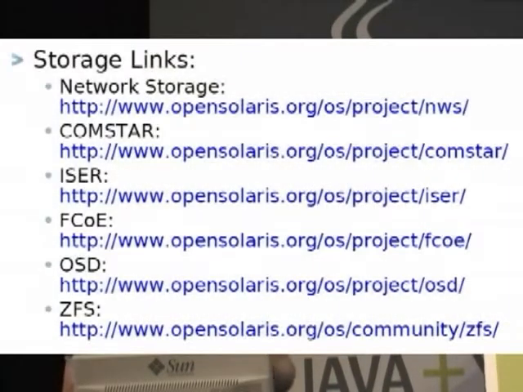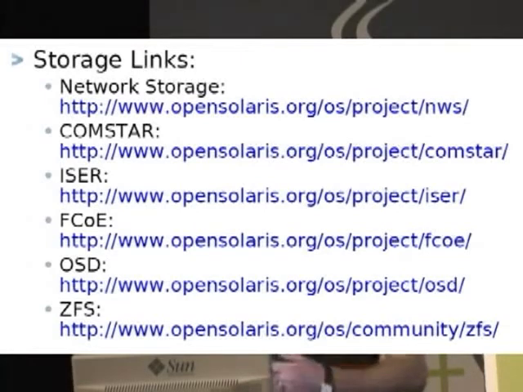So anyway, I've pointed to a number of the OpenSolaris project pages that we have, in terms of the best places to go and find more information about this. Today what I've covered is the way that you do these things for a Fibre Channel target, but clearly there are many other target modes that we're going to support in COMSTAR.